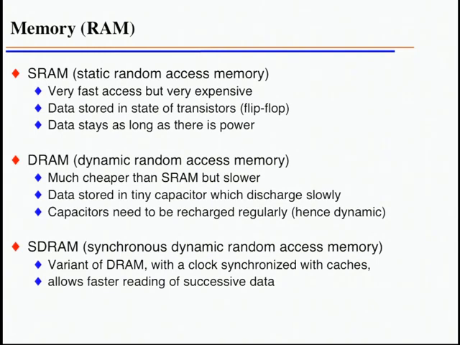Now, we have one type of memory which is very fast and very expensive, and one type which is a lot slower, but also a lot less expensive. So the trade-off is putting a lot of the not so fast, but rather cheap memory in your computer, and not so much of the a lot faster, but also a lot more expensive memory.